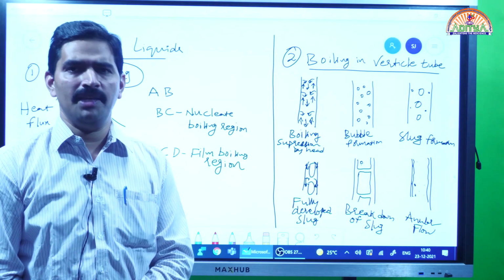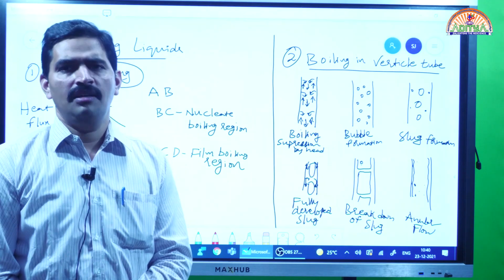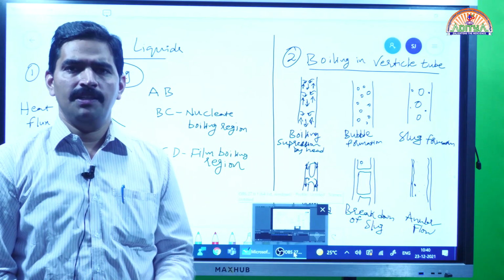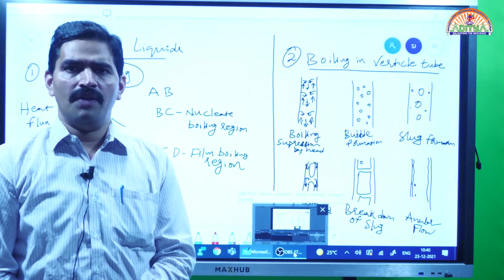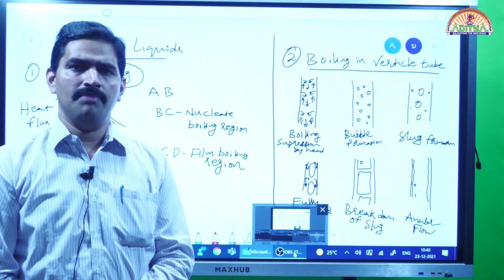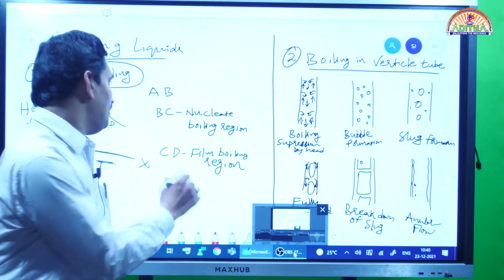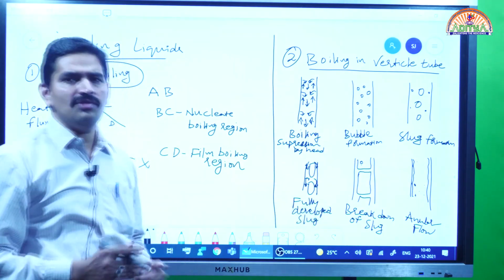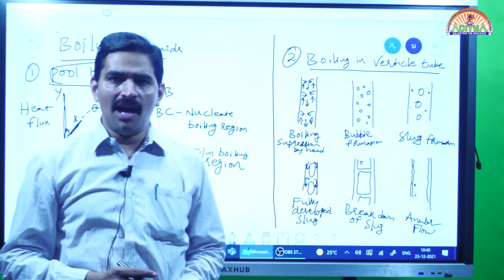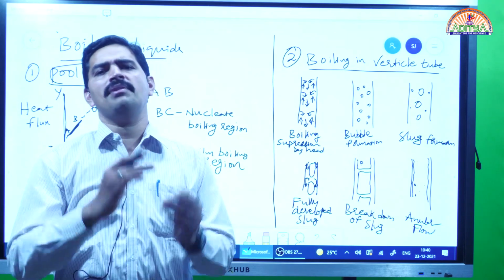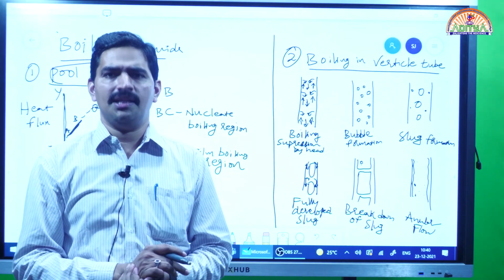At that particular point, the difference between the temperature of the cold water and the wall of the water heater is more. That means delta T is more. Up to a certain point, the delta T is going to increase enormously. That's why the enormous heat flow is going to occur.